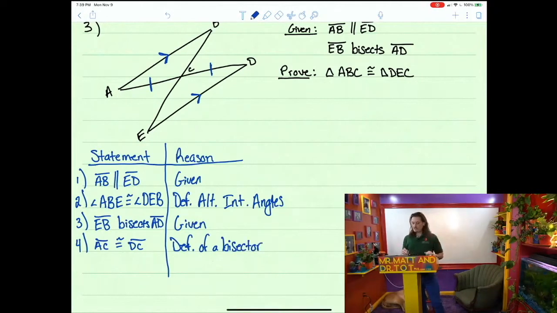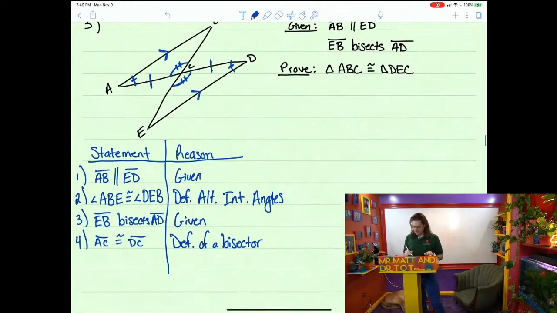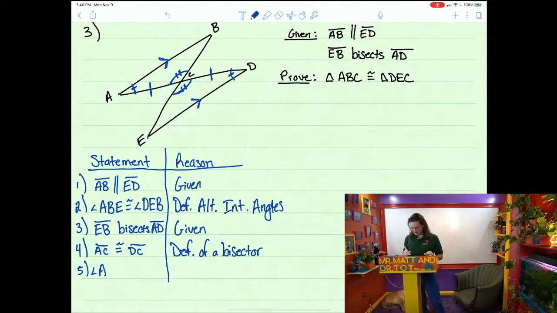So far we have two sets of congruent angles and two sets of congruent sides. We can also notice that these are vertical pairs here. So we can say that angle ACB is congruent to angle DCE. And that's the definition of vertical angles.